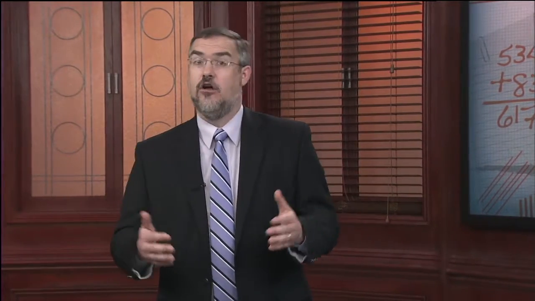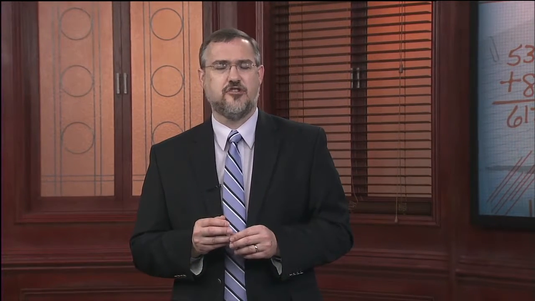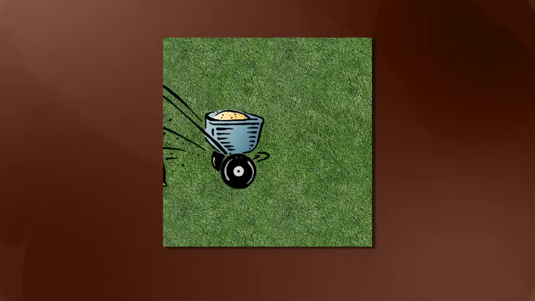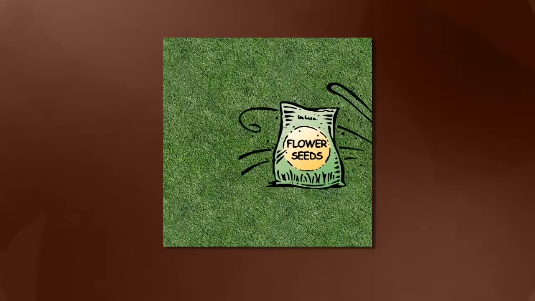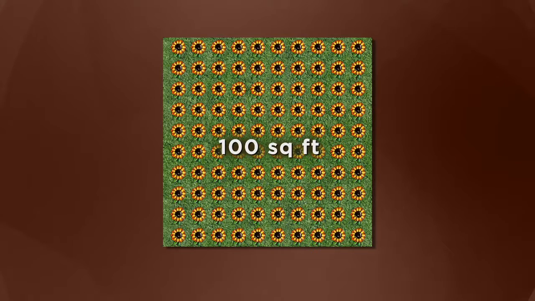Now, you may be thinking, why on earth would I want to take a square root? Well, square roots are used all the time in mathematics, so it's good to get comfortable with them right up front. And here are some simple examples of how square roots can solve problems in everyday life. Say you have a package of wildflower seeds, and it says that it will cover an area of 100 square feet, and you want to make a square patch of them in your garden.